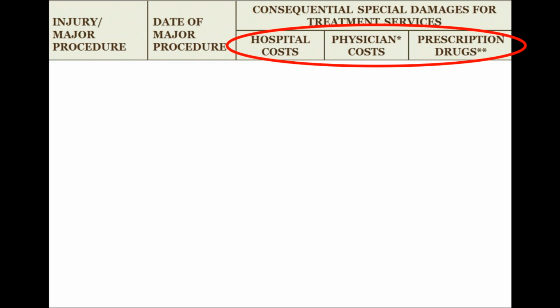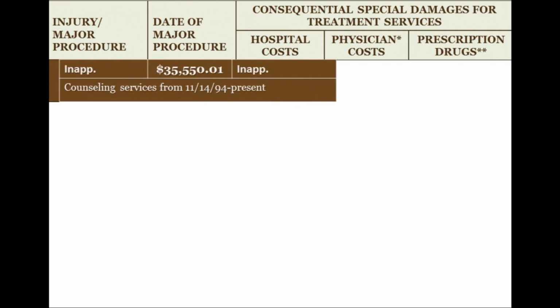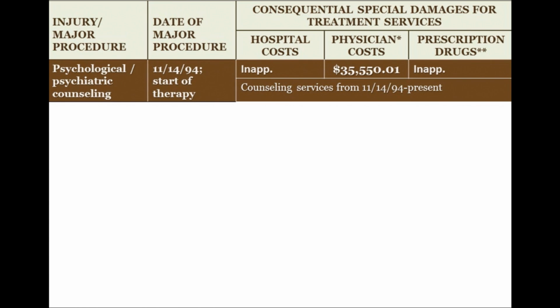And after James Brown testified about the first item of treatment, which was psychological counseling, at that point I signaled my assistant to put the first row up onto the chart. And you see it here. You see here a summary of the various costs and data about the therapy and when it started and what it was about.